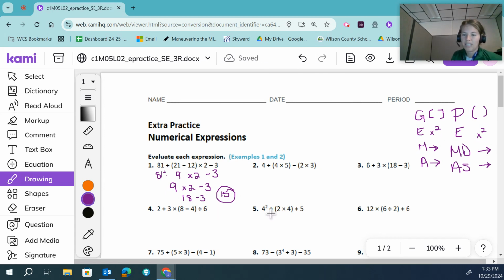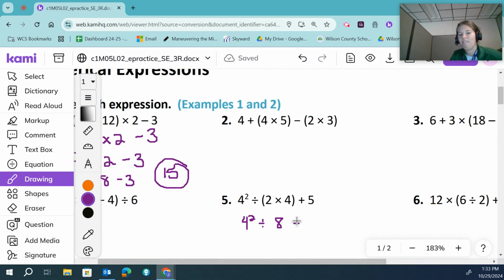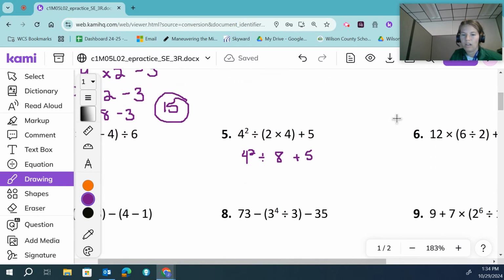Let's come down and take a look at number 5. I have parentheses, so we're going to do that first. 4 squared stays the same, divided by 2 times 4 is 8, plus 5 will stay. Then next we have exponents, we will do that next.